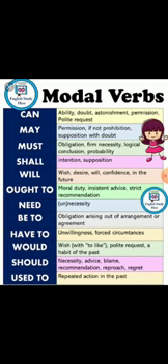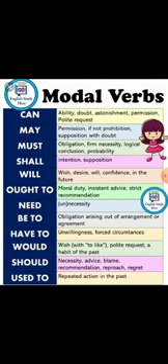Shall is for intention and supposition. Will is for wish, desire, will, confidence in the future tense. Ought to, moral duty, strict recommendation, advice. Need is for necessity or unnecessity. Be to is for obligation arising out of arrangement or agreement.